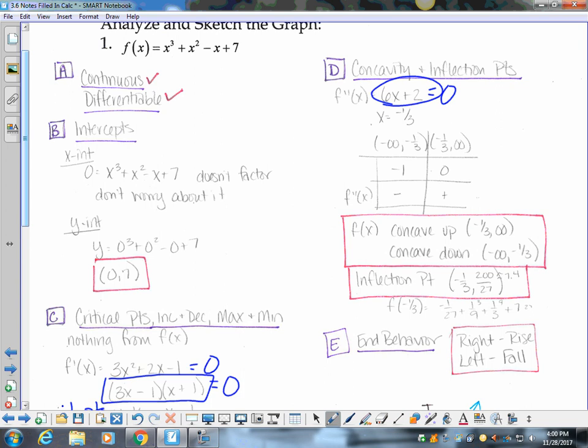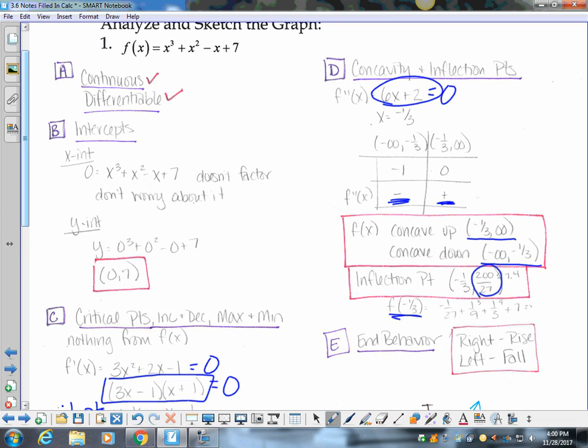Okay, so I can tell that I'm concave down in this interval and concave up in this interval. I also know because my concavity changes that I have an inflection point at -1/3. I need to find f of -1/3, and I get 200/27, which is about 7.4.